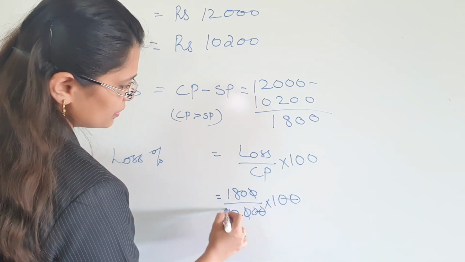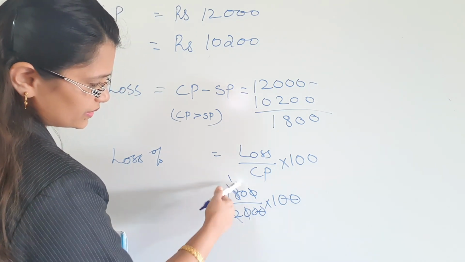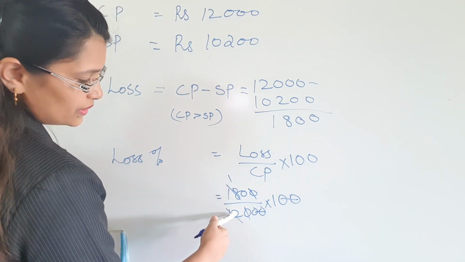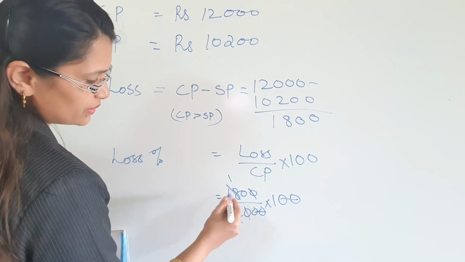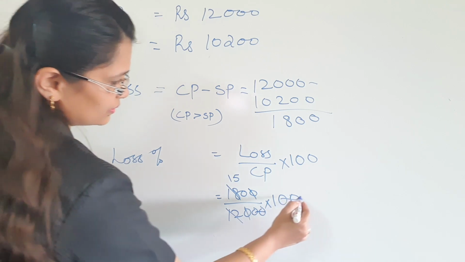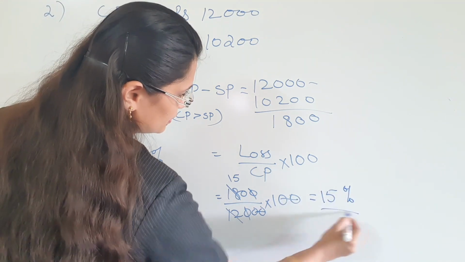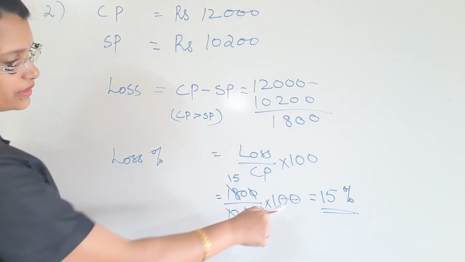Cancel the zeros. 12 1 is 12, then 60. How many times 12 goes in 60? 12 5s are 60. So is equal to 15%. So what is the loss percent here?